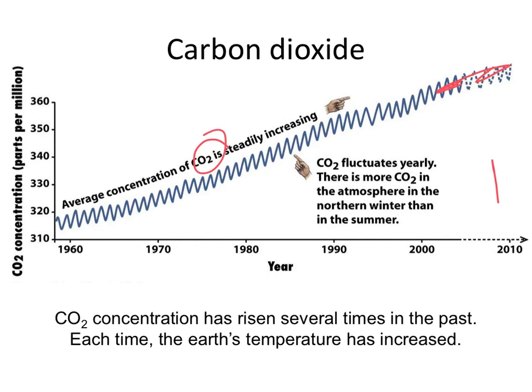Certain plants will be living in certain environments. If it gets colder, they're going to use less CO2, but as it gets warmer, CO2 levels are going to rise as well because you have more plants and animals. Okay.